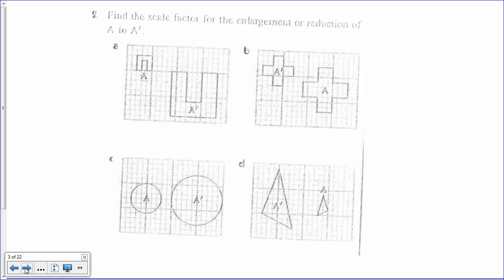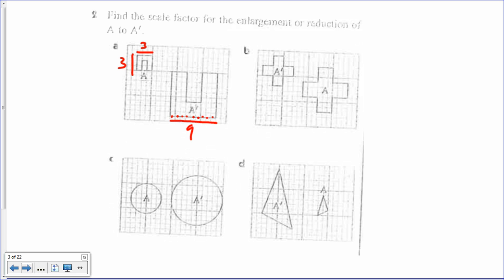Question 2, find the scale factor of the enlargement or the reduction from A to A dash. What we're going to do is choose two sides because we're told there are similar figures already. Up here we've got 3 squares by 3 squares, and on this one we find the same side, and we've got 1, 2, 3, 4, 5, 6, 7, 8, 9.